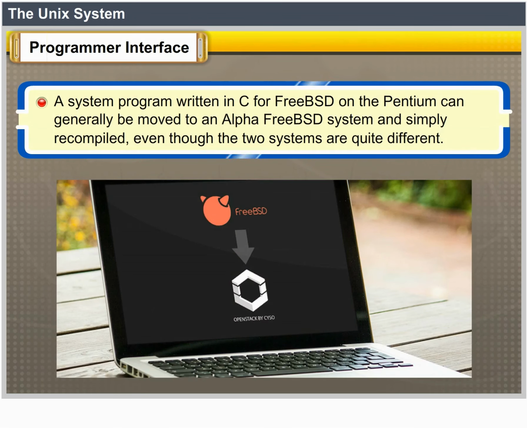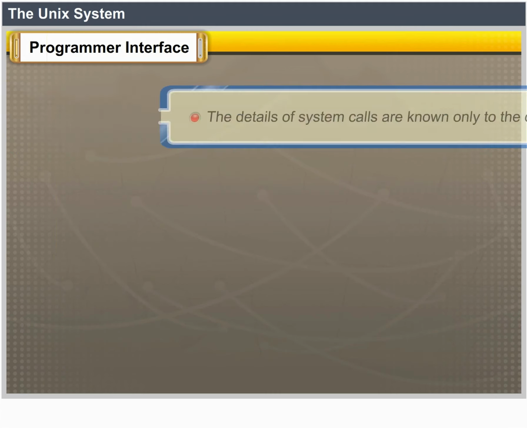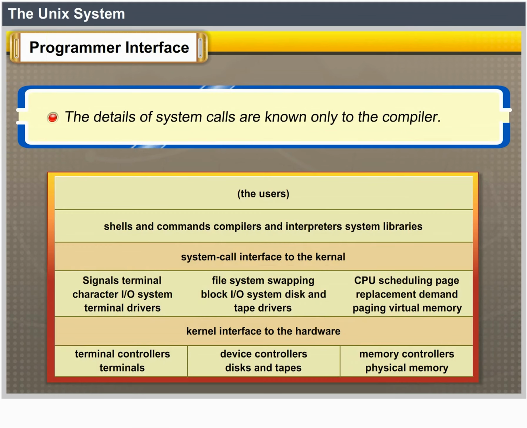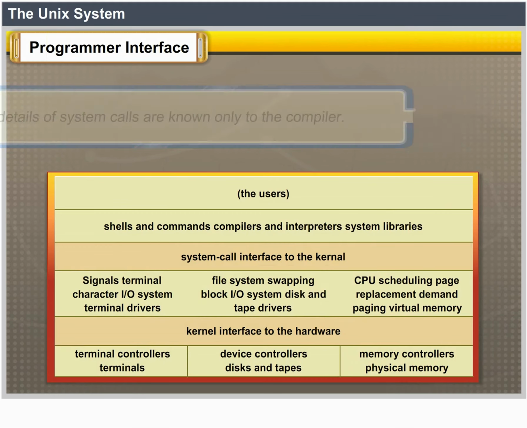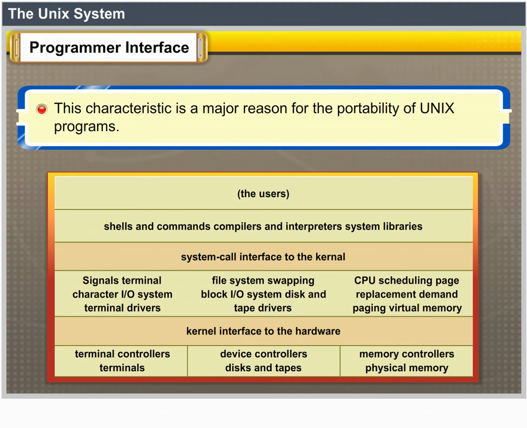A system program written in C for FreeBSD on the Pentium can generally be moved to an Alpha FreeBSD system and simply recompiled, even though the two systems are quite different. The details of system calls are known only to the compiler.